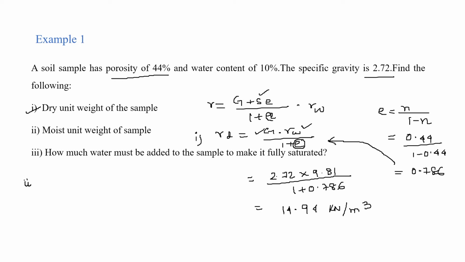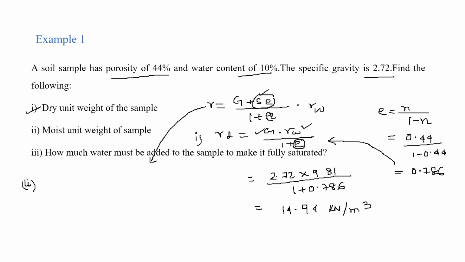So let us now calculate the moist unit weight of the sample. Similarly, from this relationship we can find it out. Moist unit weight means the soil is partially saturated, right? The soil has some saturation content. However, we do not know the saturation content of the sample, but we do know the water content of the sample, the porosity and the specific gravity. So we can try to write this S in terms of the water content.